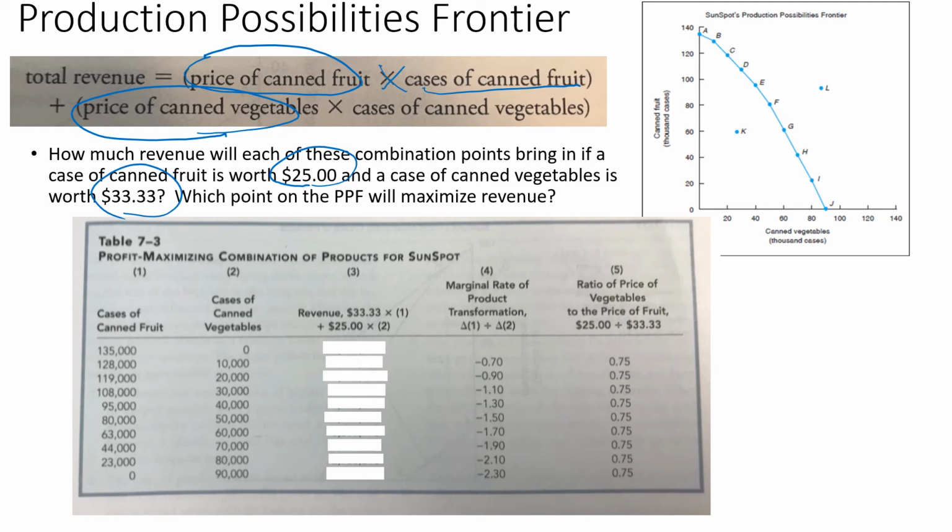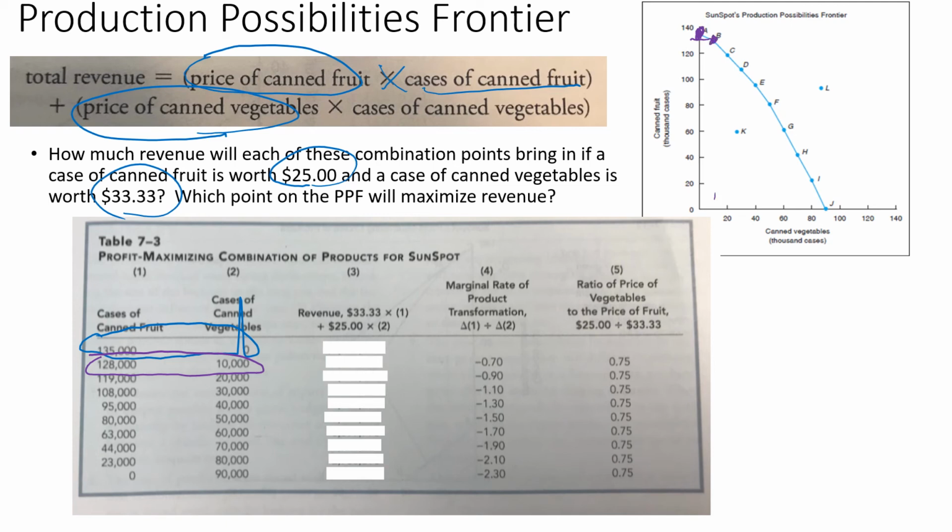Basically, all of these points, like this point, 135,000 cases of canned fruit and 0 cases of canned vegetables, equates to this point on the graph, right? Point B on the graph is represented by 128,000 and 10,000.